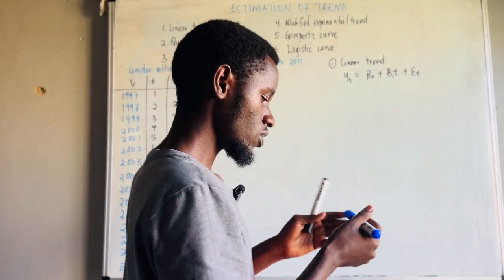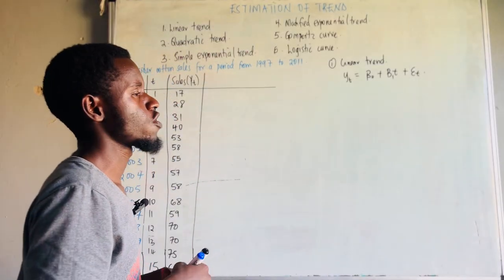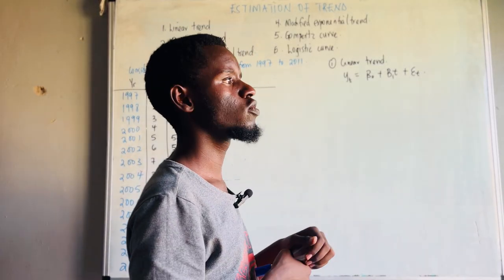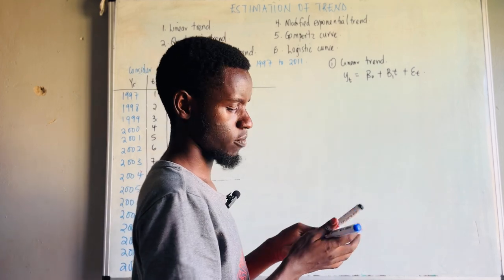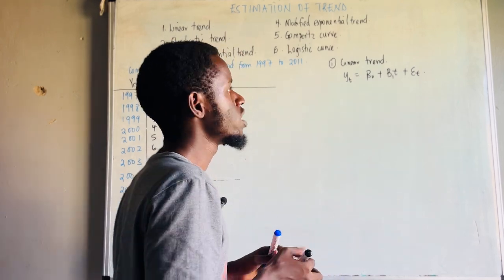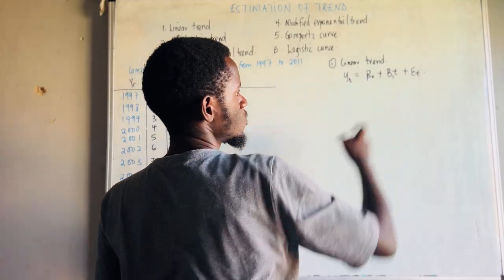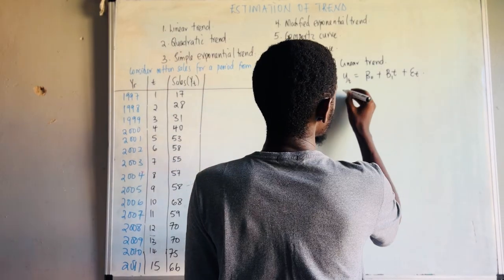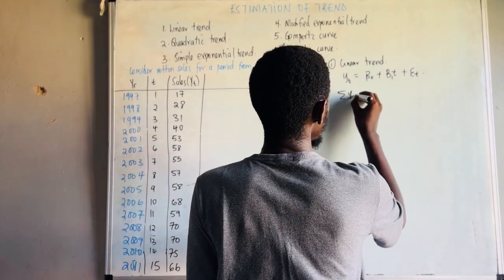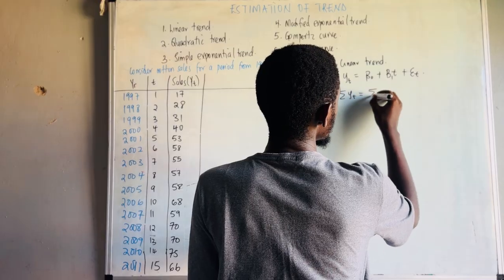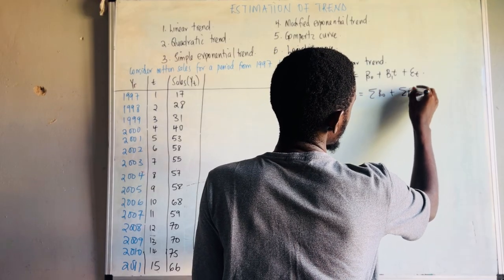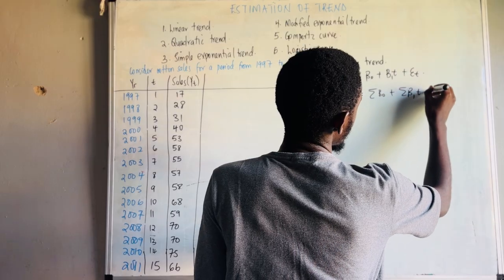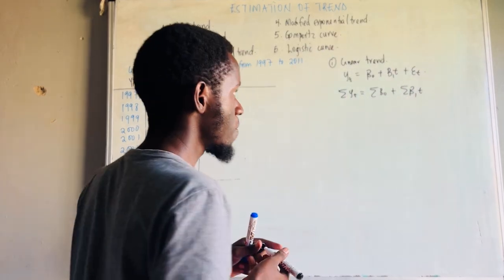In order for us to have the coefficients beta naught and beta 1, we shall use what we call the least squares method, or we can just use this simpler method I'm going to show you. Now, what we need to do is to apply a summation on all of this. We shall have summation Y_t equals summation beta naught plus summation beta 1 t.